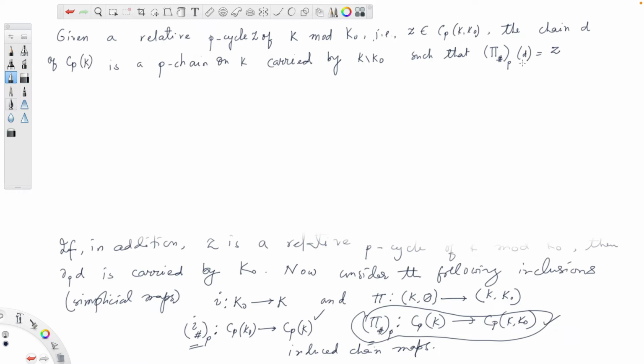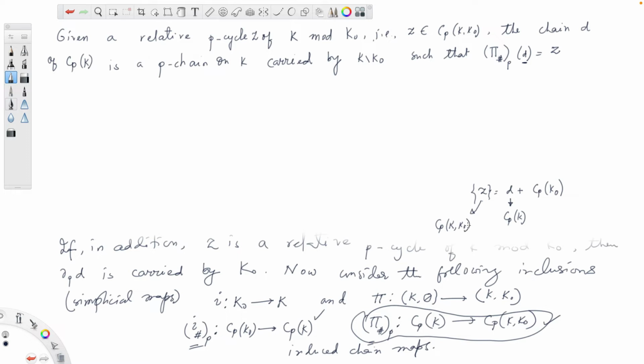So this is the chain D. Where did we write earlier, remember? The class of Z is equal to D plus Cp of K0. This chain is in Cp of K, carried by Kz minus K0, and Z is an element in the relative chain group.